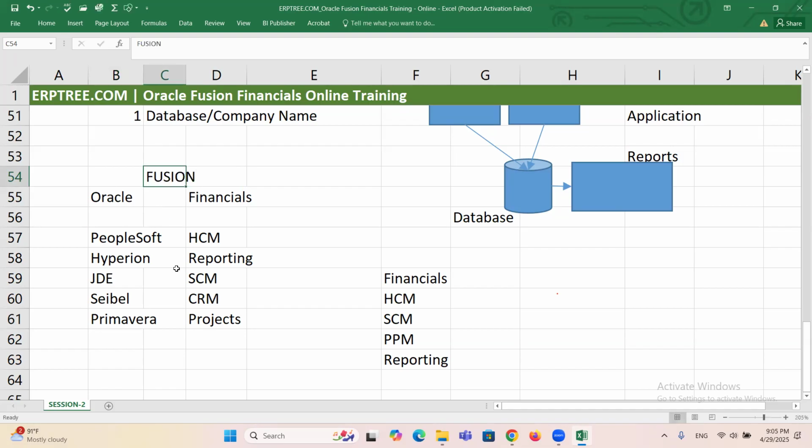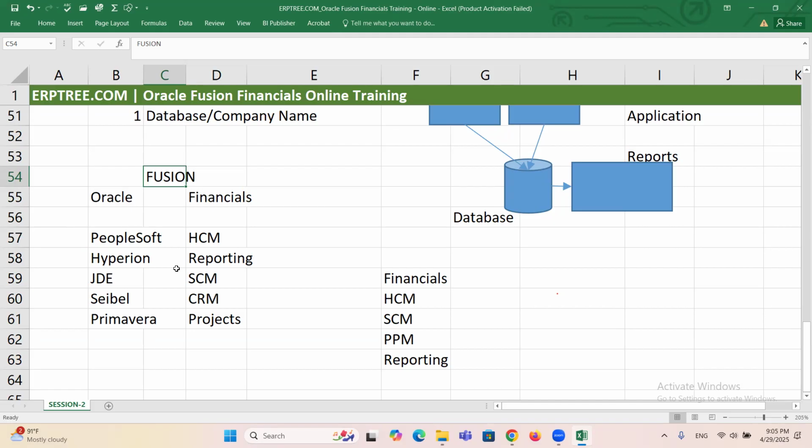So now when you say Fusion, everything is powerful. If you talk about only the Oracle product, only finance is good. In Oracle also we have HCM, SCM, etc. But compared to PeopleSoft HCM, Oracle HCM is not great. That is the reason Oracle acquired PeopleSoft. Now in Fusion, whatever finance you use is the Oracle product only. Whatever HCM you use is a legacy of PeopleSoft.